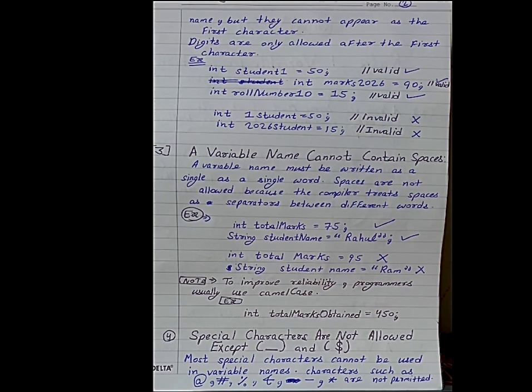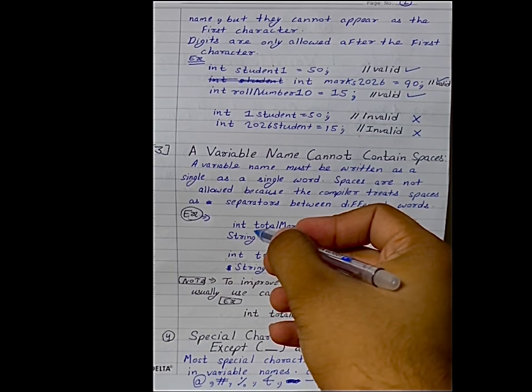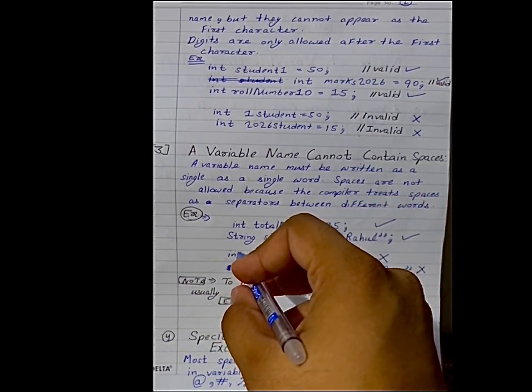The next rule is a variable name cannot contain spaces, and we can say that a variable name must be written as a single word. Spaces are not allowed because the compiler treats spaces as separators between different words. In this example, if we write int totalMarks equals 75, that will be right.